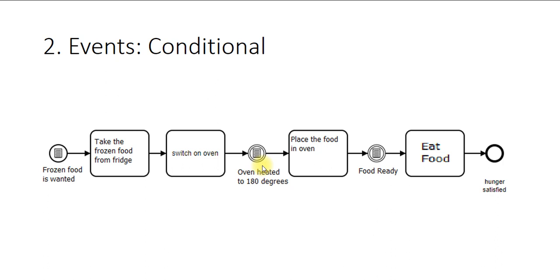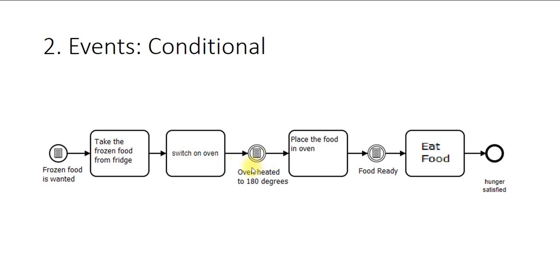Now there is again a conditional event which says oven heated to 180 degrees. When the oven gets heated to 180 degrees, the conditional event is satisfied. Then we go ahead with placing the food in the oven. If the oven is not heated to 180 degrees, we just wait after task 2, where we have switched on the oven.